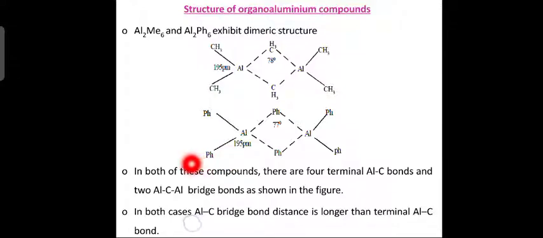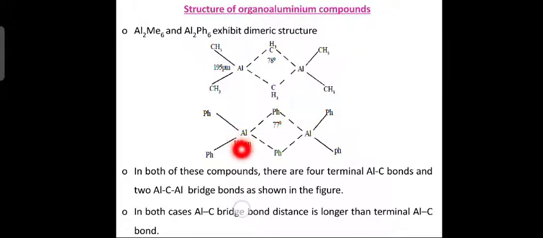In both of these compounds, there are 4 terminal aluminum carbon bonds and 2 aluminum carbon aluminum bridge bonds. So there are 2 bridge bonds, one is this, another one is this, one on top like this, another one at the bottom like this.